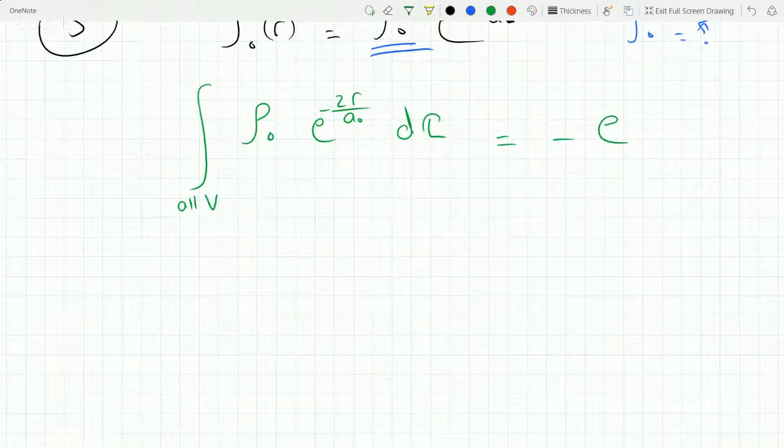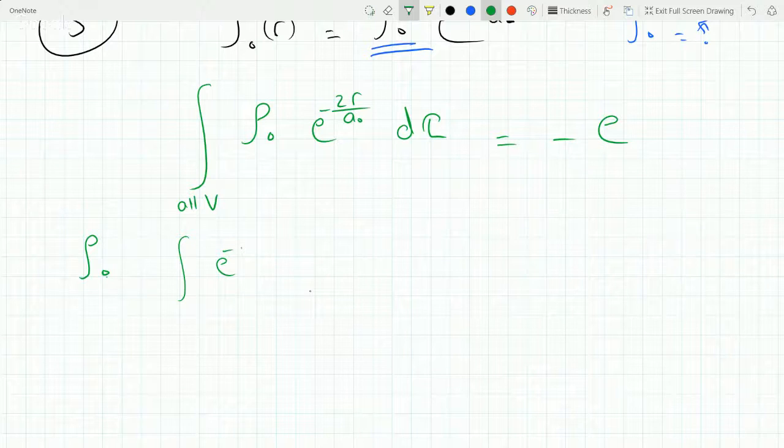Now, of course, this is a triple integral, so assuming that rho 0 is a constant, I will get rho 0 integral e to the minus 2r over a0 d tau.